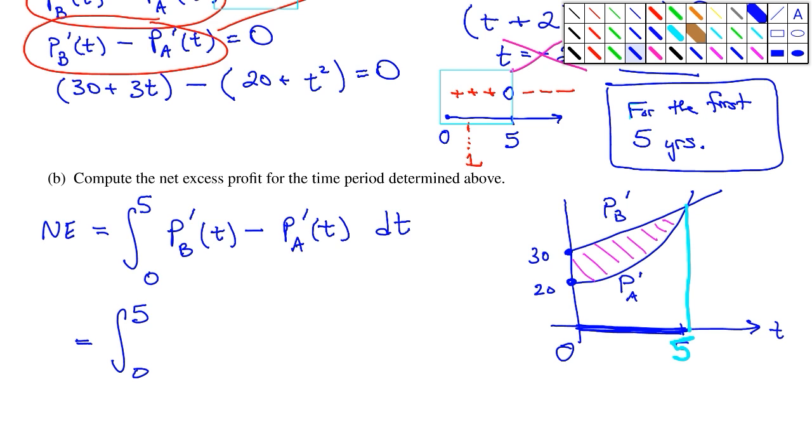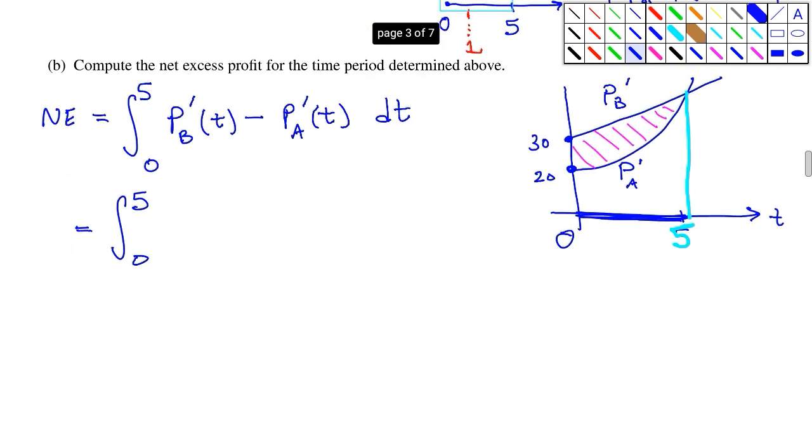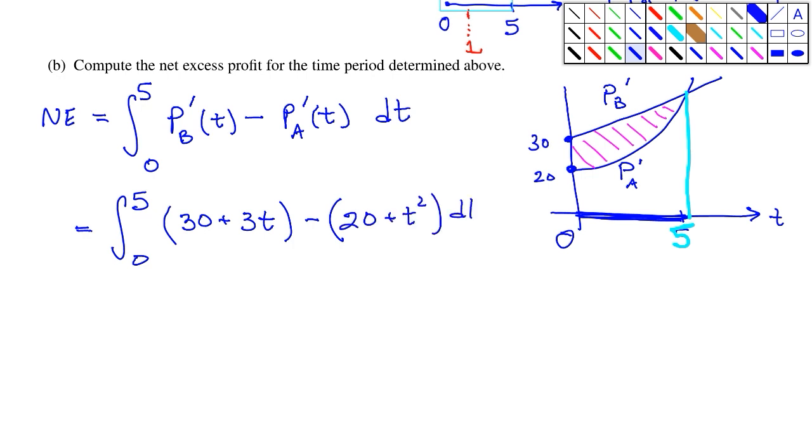So we're going to get the integral from 0 to 5 of 30 plus 3t minus 20 plus t squared dt. This would be the integral from 0 to 5 of negative t squared plus 3t plus 10 dt.